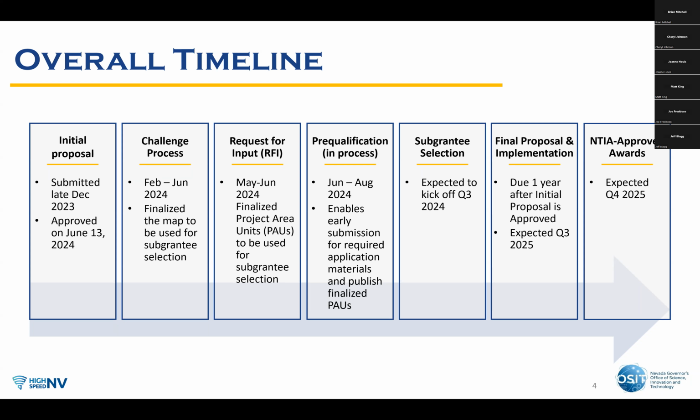The process opens today, and we anticipate that given the one-year statutory framework from when the initial proposal, Volume 2, was approved by NTIA in June, in approximately the third quarter of 2025, the final proposal for implementation will be provided to NTIA, and hopefully NTIA will approve by the fourth quarter of 2025.